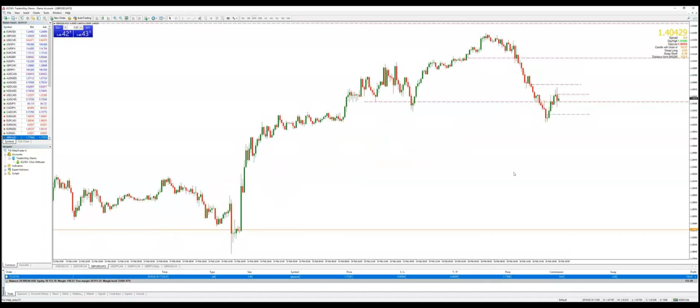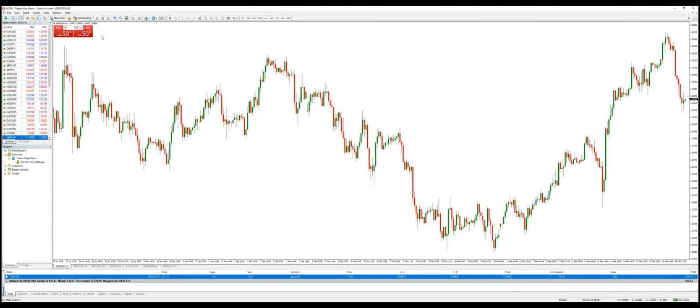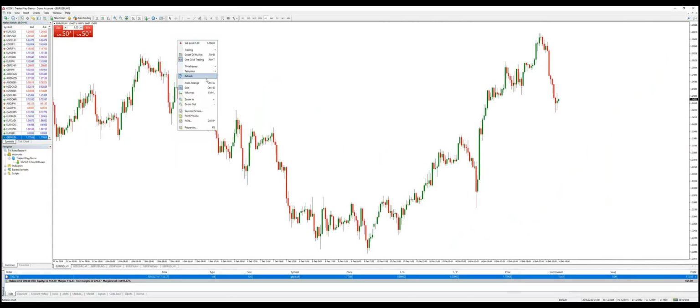So back down to 5 minutes, again looking for an entry. I'm going to take a look at Euro USD. Load a template.